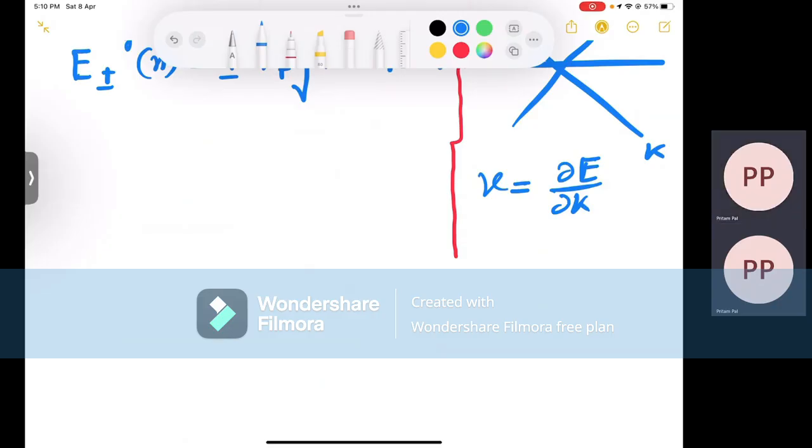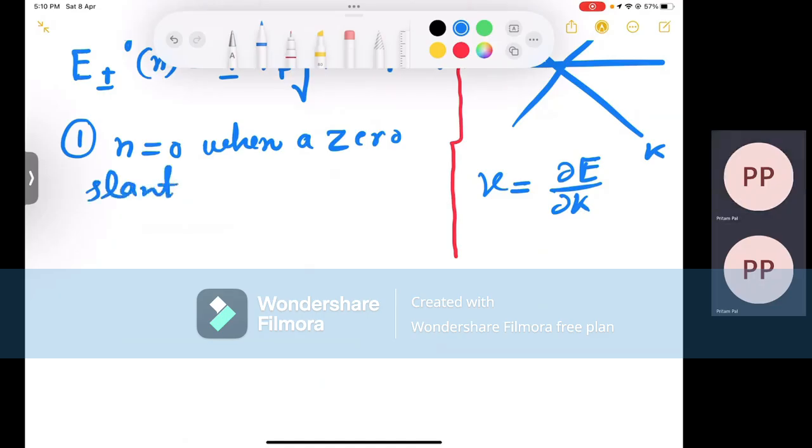And there are several things to note. The first one is that n is equal to 0 when I have a zero Landau level index.